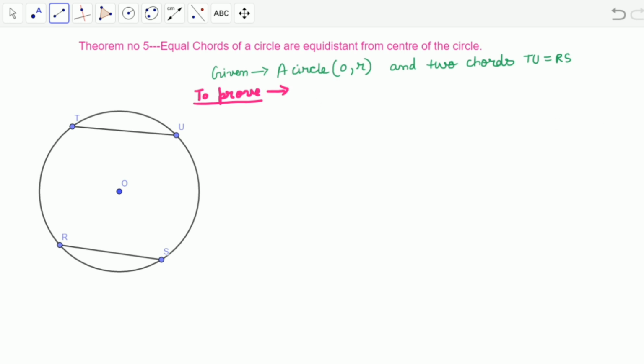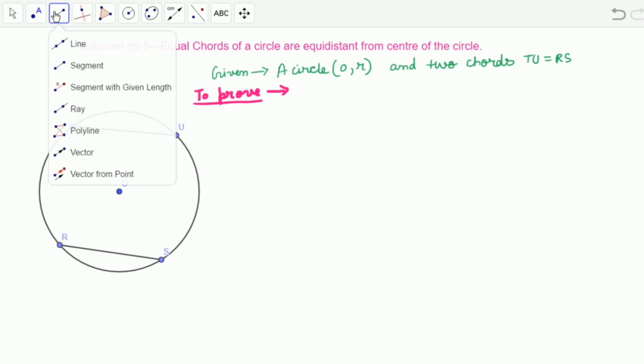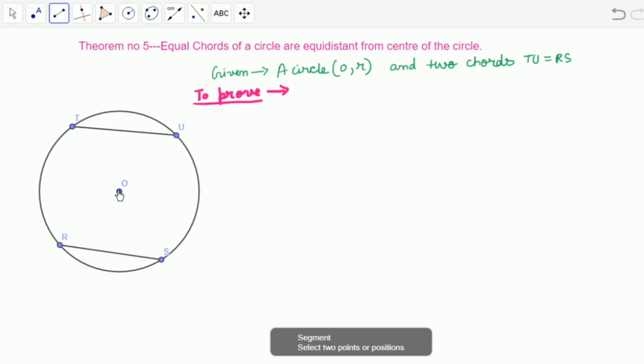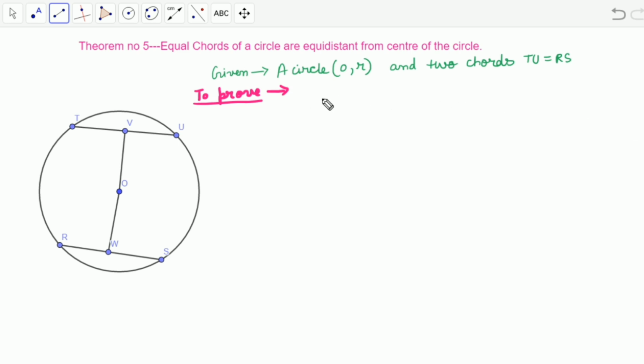So let's draw the construction first. This distance is not any kind of distance. This is the perpendicular distance. We are talking only about the perpendicular distance, right? Again, these are the perpendicular distances that we are talking about. So let's write what we have to prove.